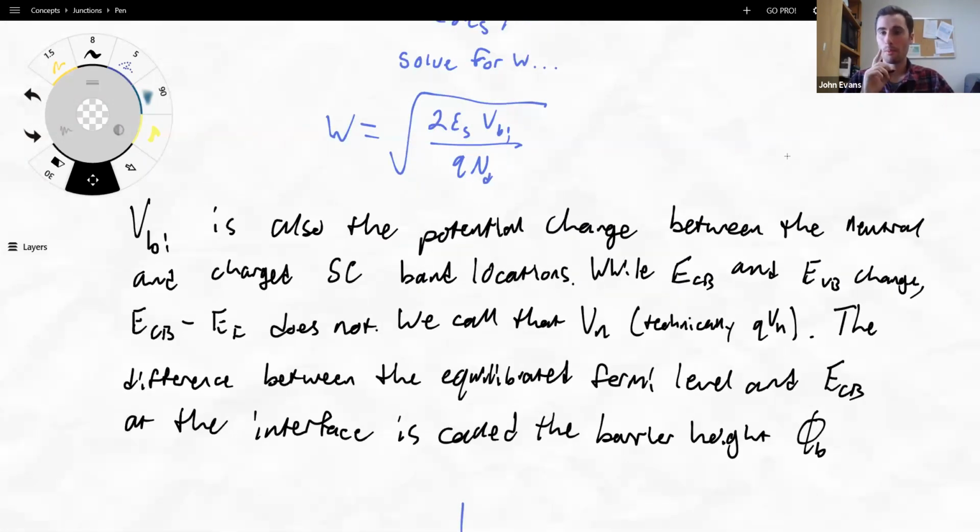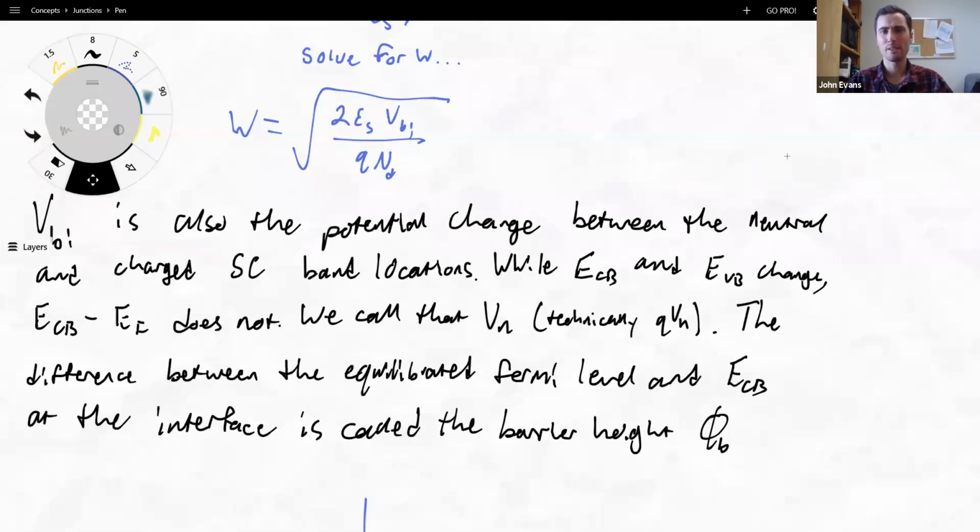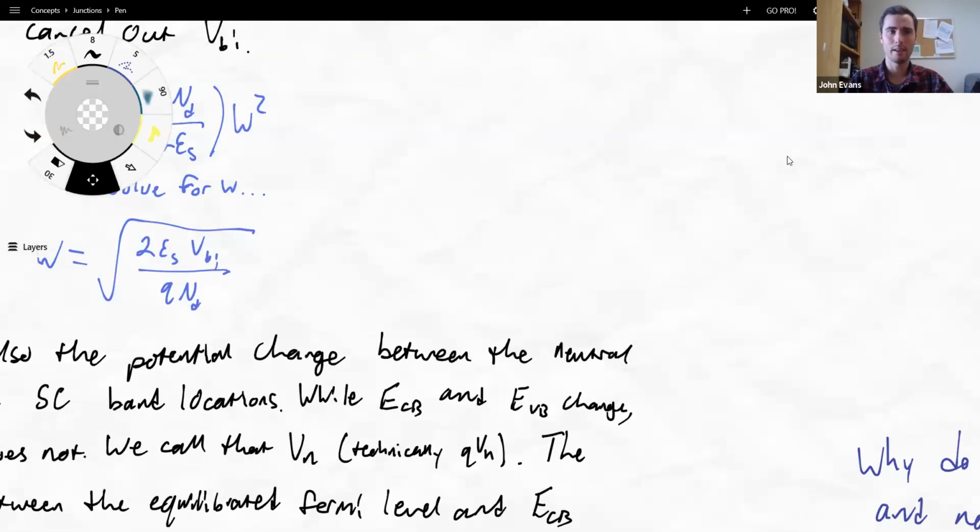So while the conduction band and the valence band do bend, and they do change their locations, the bulk difference between the conduction band energy and the Fermi level doesn't change. We call that Vn. It's technically QVn, so that's something that I'm going to do a lot here. Recall that I'm looking at E here, these are energies. So like ECB is the conduction band energy.